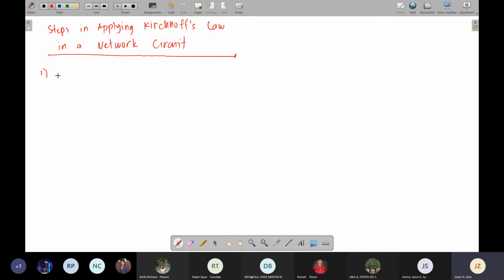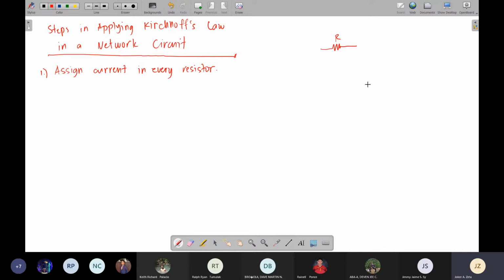What you're going to do first is assign current, okay, in every resistor. Sa kada resistor mag-assign ka og current. Kung asa ang pag-assign, sir? For example, mao ni imong resistor R. Mag-assign ka diha og current. Unsaon pag-assign ang current, sir?